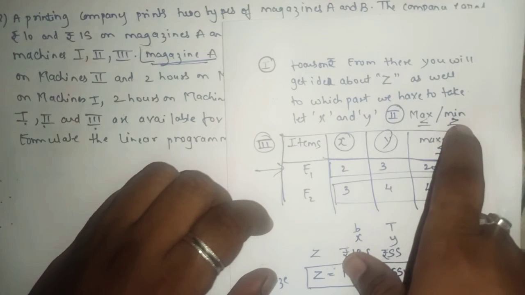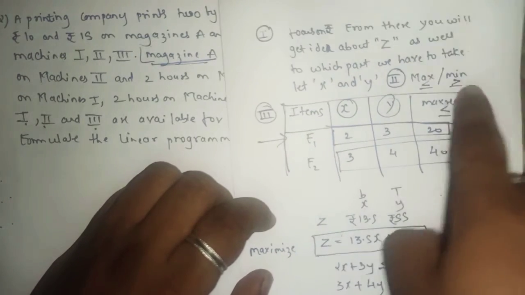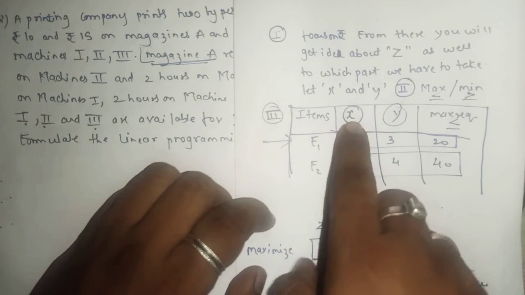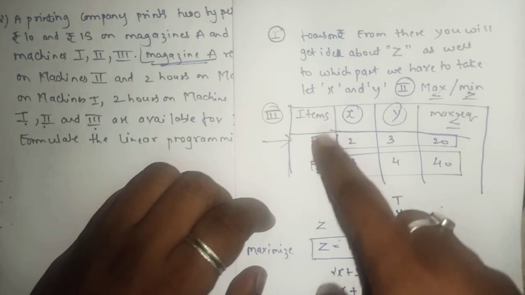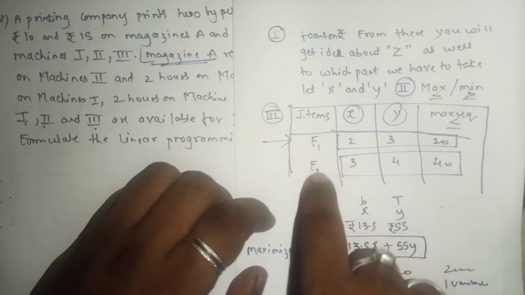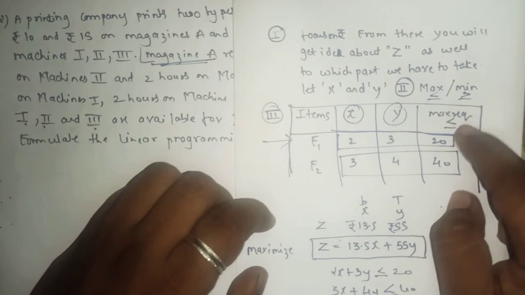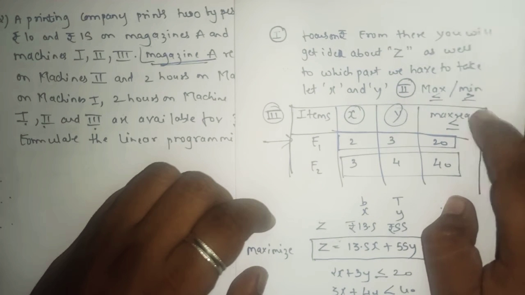If it is a minimize requirement, it will be greater than or equal to. Then after that you will construct a table. Your x and y will come on this side. Always remember, you will keep x and y on this side only. And on this side the items or products will come, and in the last column you will mention the requirement.